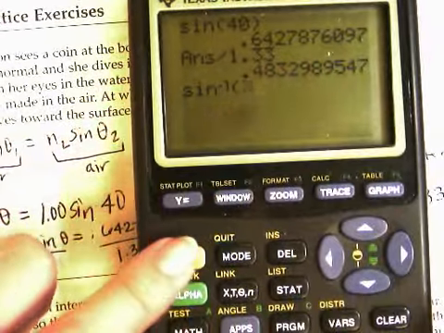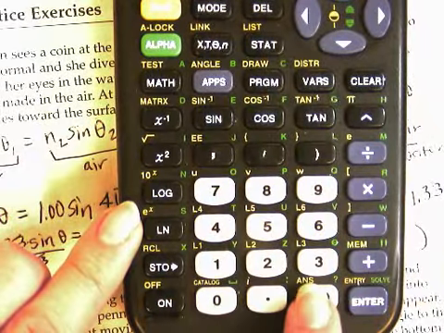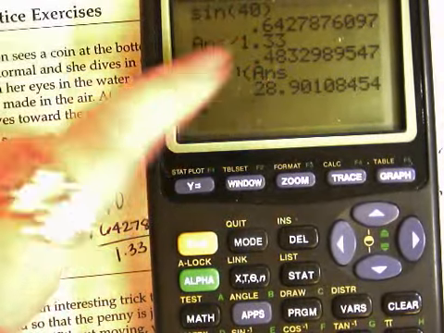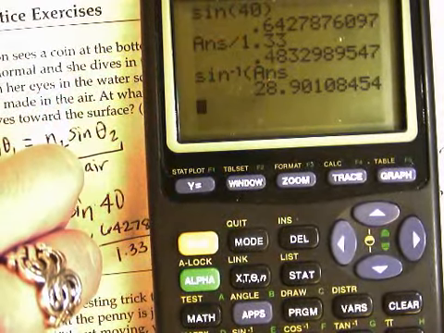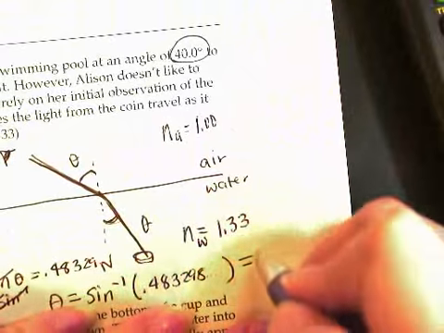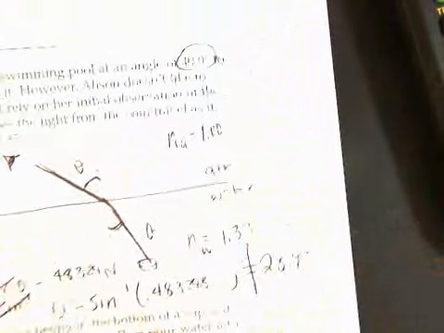You can do that by pressing second, then all the way at the bottom, you'll hit ANS, which is also the negative sign, and that's what you'll see on the calculator. Inverse sine of the last answer, then hit enter, and you get 28.9, and this will be in degrees. And that's it.